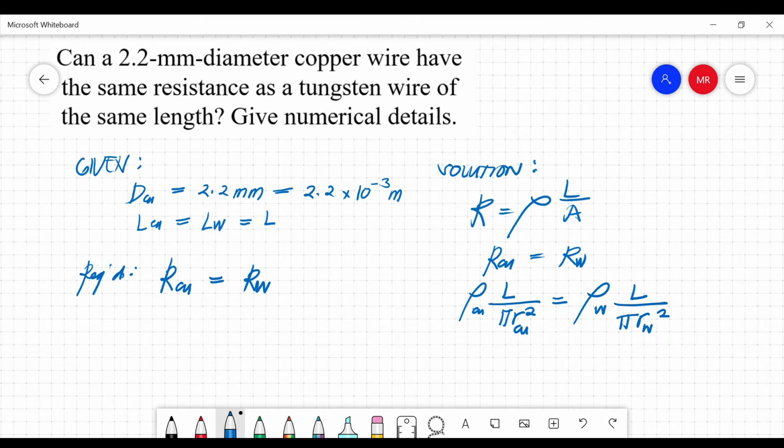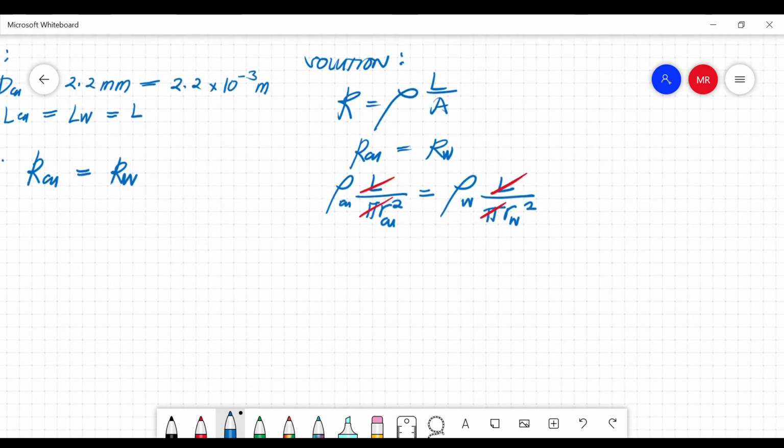Now we can eliminate these values. You can cancel length. It will just be the same according to the problem, and of course the constant pi. So what is left in the equation is just the resistivity constant of copper over radius squared of copper equal to resistivity of tungsten over radius of tungsten squared.